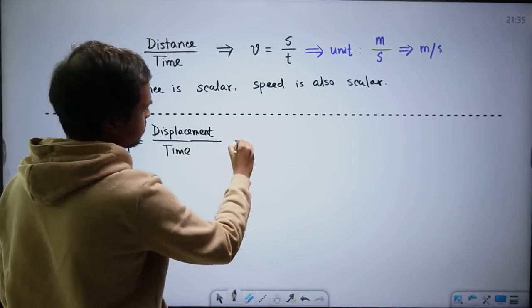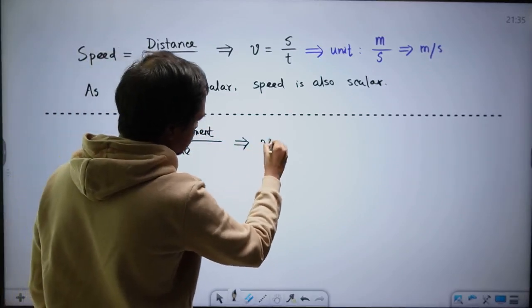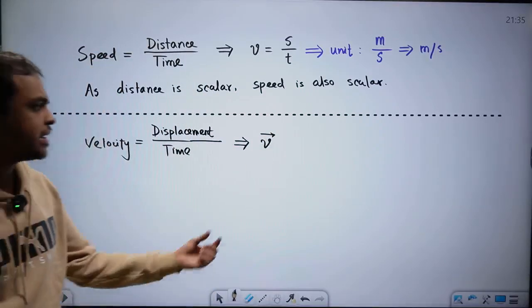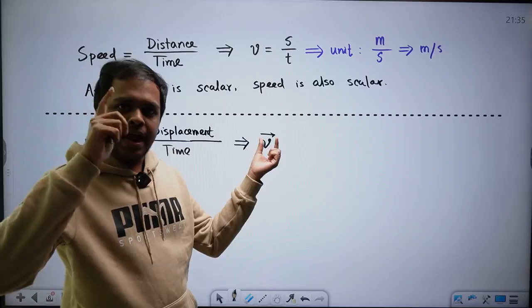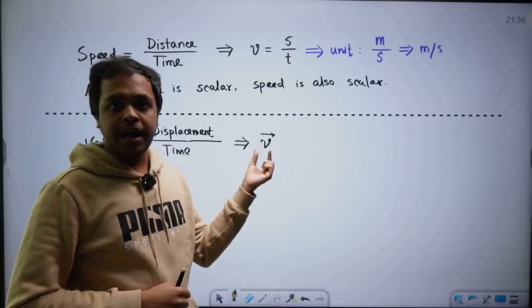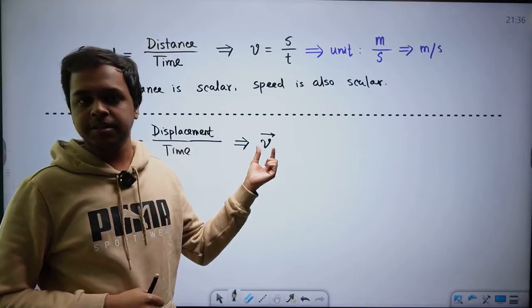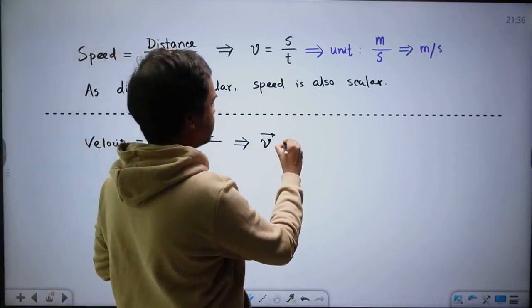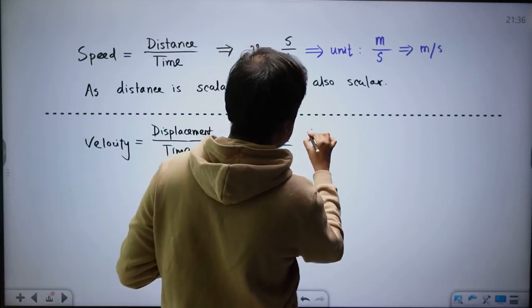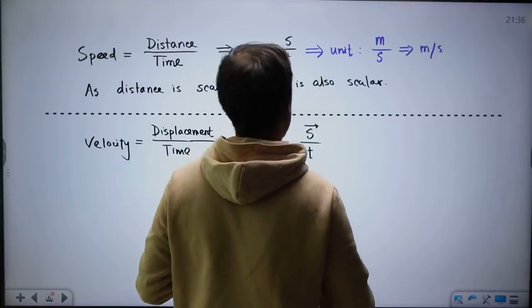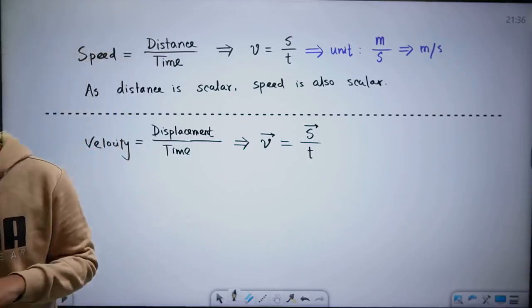We also denote them by v, but as this is a vector, we put an arrow over it. Whatever we write as a vector, we have to put an arrow over it to express it as a vector. The displacement we express as arrow over s, that's a vector, and time is a scalar.